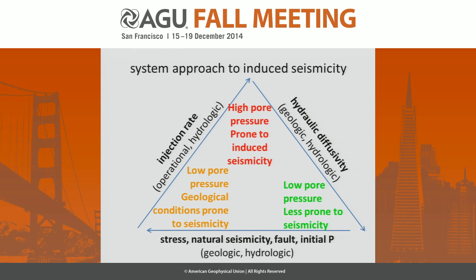And so just to put up a final slide: even though I personally have been preaching that pore pressure is critical, and that we need to understand the spatial and temporal evolution of pore pressure from the injection well to potential seismicity, I think it's more important that we take a systems approach, a process-based approach, to the induced seismicity problem.